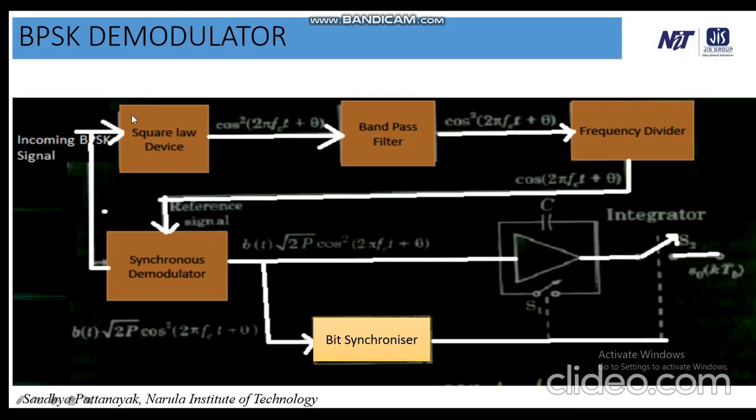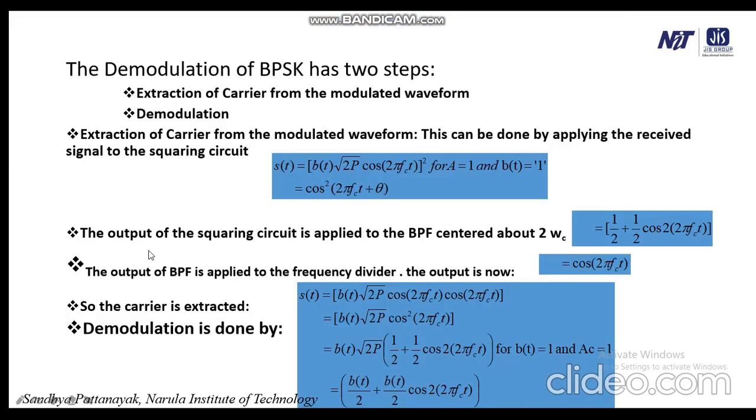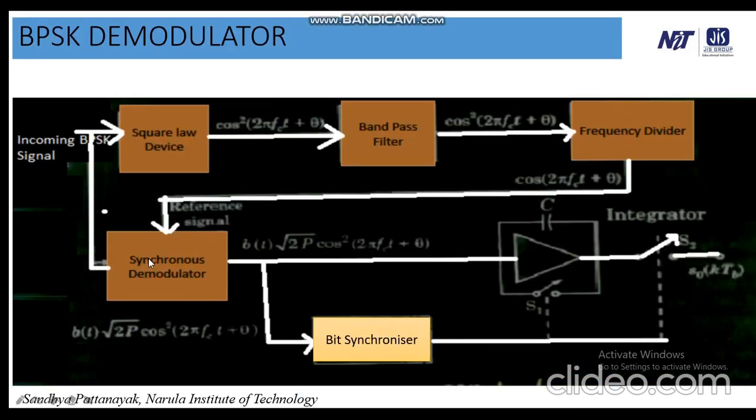Here you see we first perform squaring, then apply to the band pass filter. Through the band pass filter, the frequencies at about 2 omega c are allowed and the rest are rejected. Then the frequency divider divides the frequency by half, so we get cos omega ct. This cos omega ct is the extracted carrier signal, and the BPSK signal is applied along with it to the synchronous demodulator.